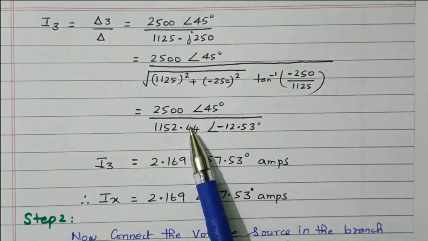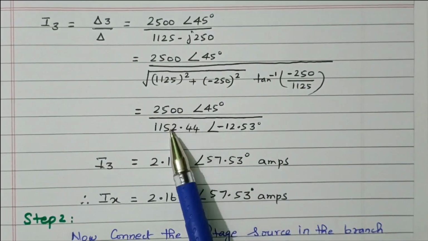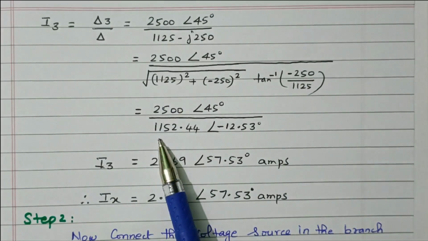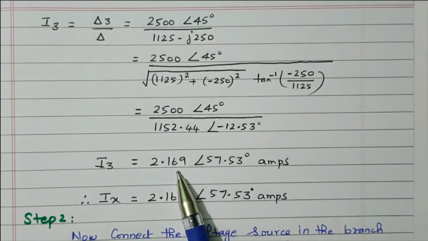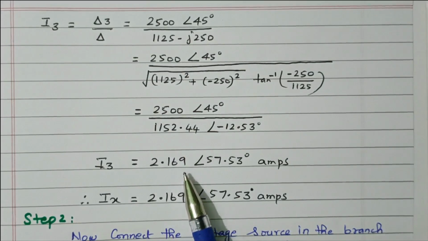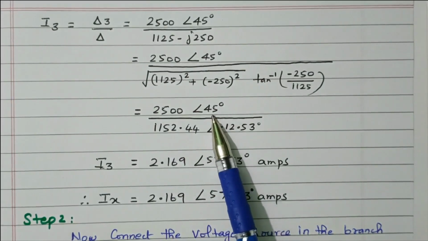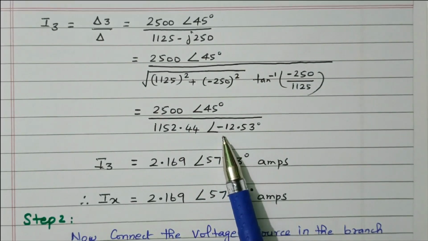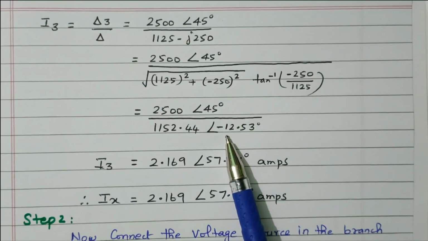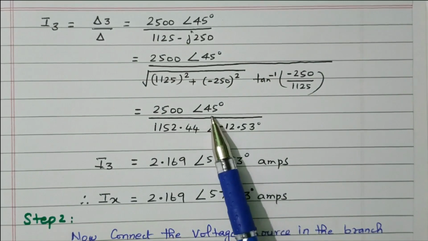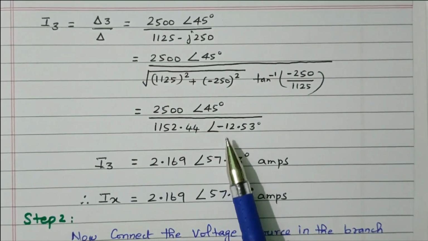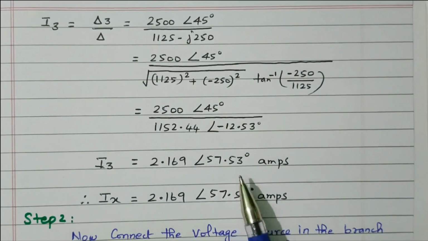Now both are in polar form. Division means we have to divide this: 2500 divided by 1152.44. That is 2.169 ampere. Right? The angle, we have to subtract: 45 minus of -12.53. So while taking 45 minus, it becomes plus. So that is 57.33.